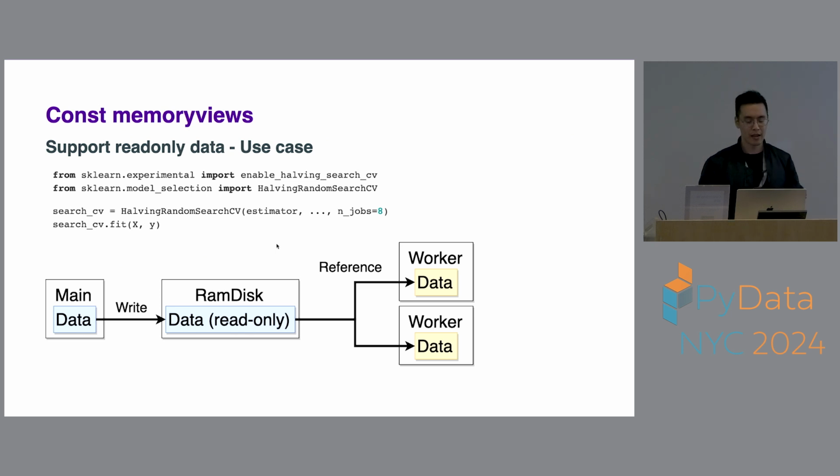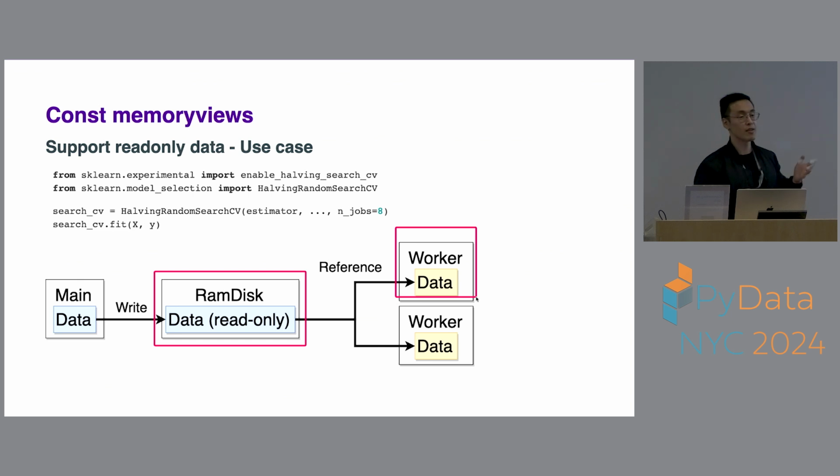For example, with search CV, which is a hyperparameter search, we use multiple processes. If the data is big enough, we write it to disk in read-only mode, and all our workers will reference this data. So this is an optimization we do where we need read-only data.